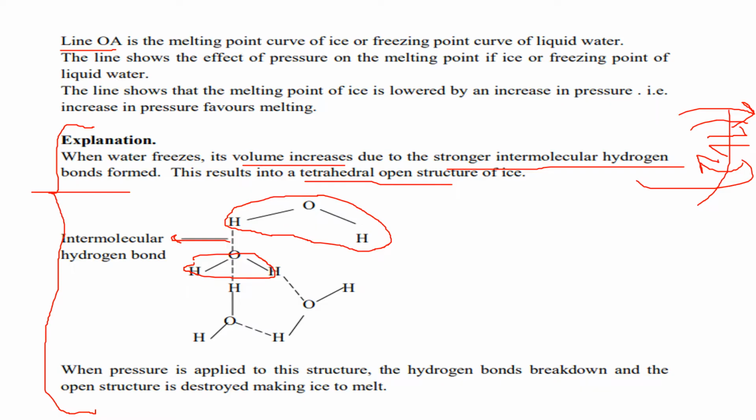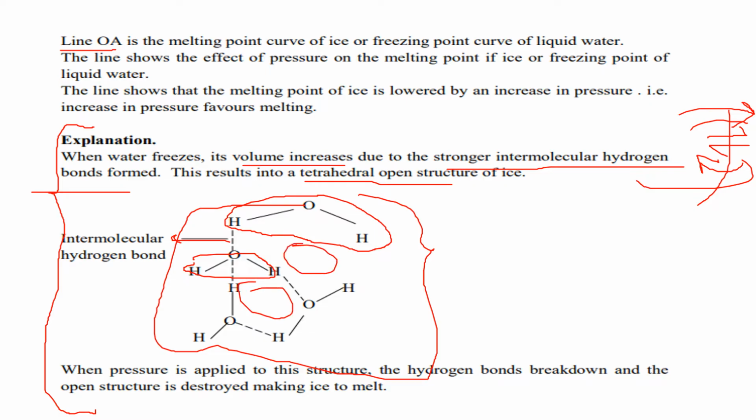Let me help you see it as I sketched it. This structure is full of spaces. You look at this space, this space, this space. These structures form when water is cooling, and they leave very large spaces in them. So the more water cools or freezes, the more spaces are formed within this water, and the more spaces are formed, the more the volume increases.